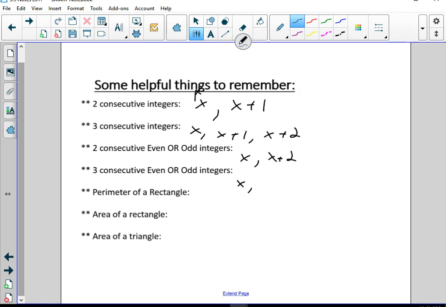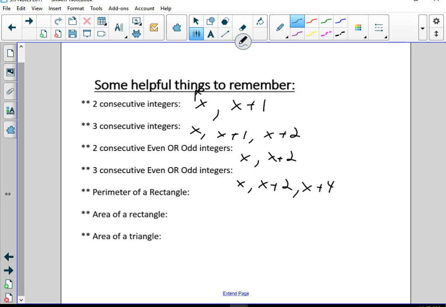So let's say 1. The next odd number after that would be 3. So 1 plus 2. And the next number after that would be 5. Okay? 1 plus 4. Okay? Because your first number is x.